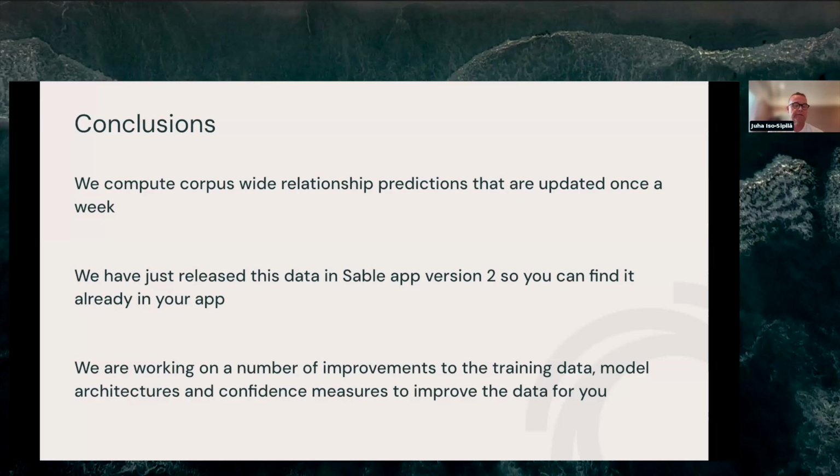And as normal, we are working on a number of improvements to the training data, model architectures, and the confidence measures to make sure that the data is right, and we do everything we can to make it better. If there are any questions, I'd be happy to answer.